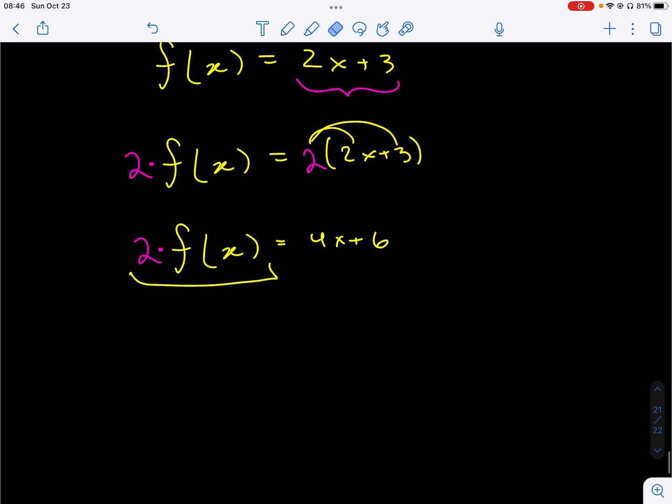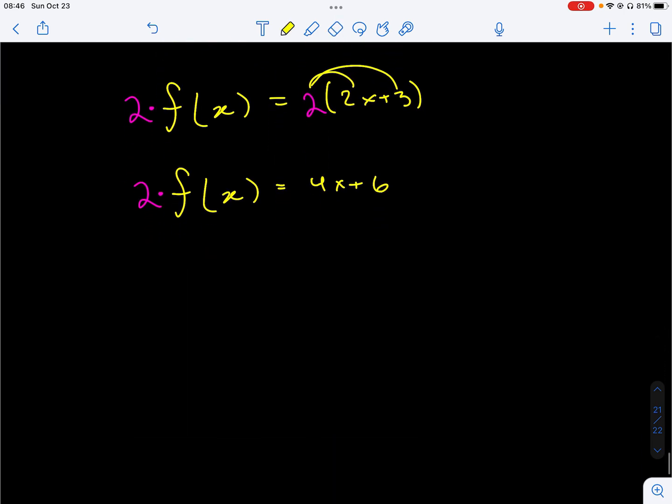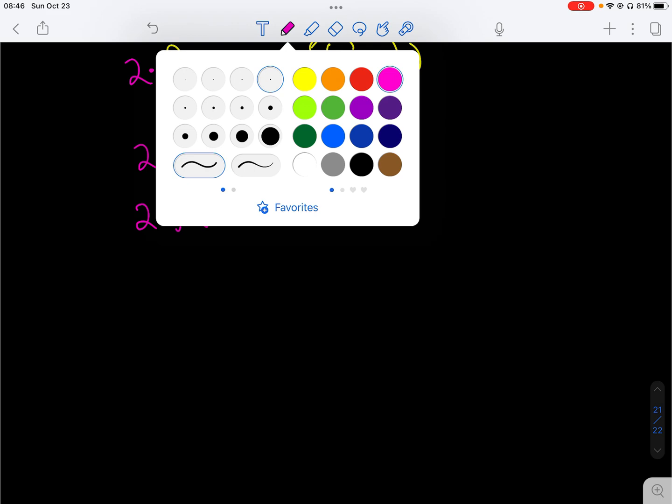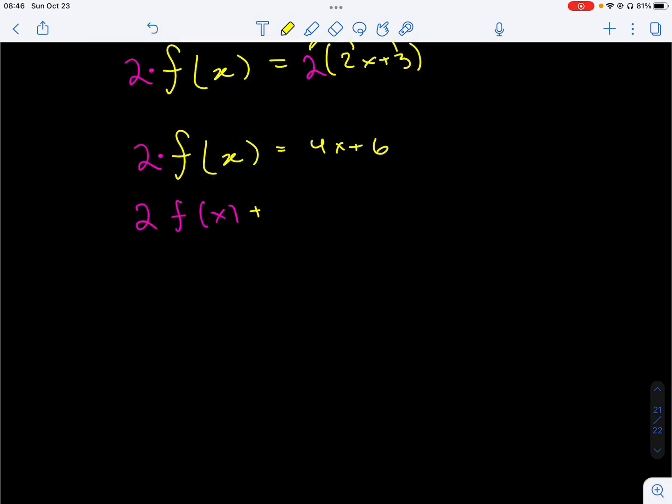If you wanted to modify, I'll just keep the chain going here. Maybe you have 2 times f of x, and you want to additionally raise it up by 5 for whatever reason. You want to make each output then 5 larger. So you make each output double what it initially was with this multiplying by 2 business, and then you can add 5 to it.